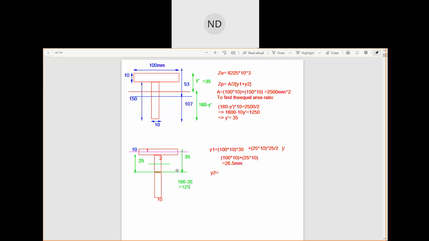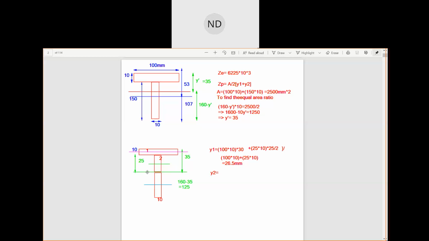We have only one member below the equal area axis. Half of this, its CG, where is that? Somewhere here.